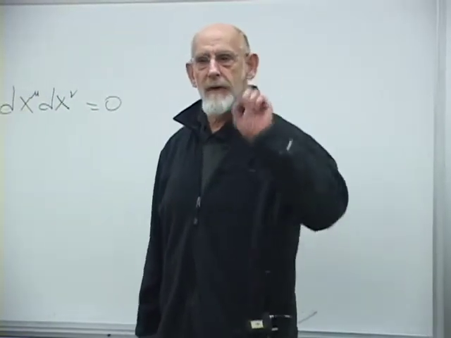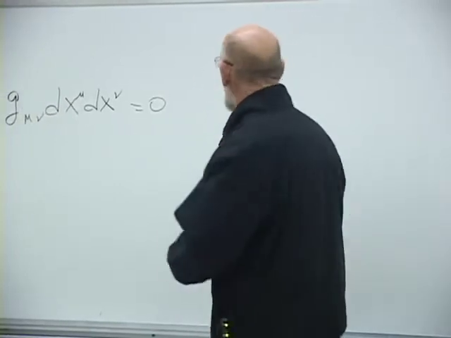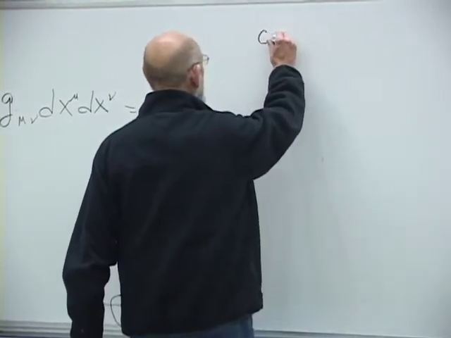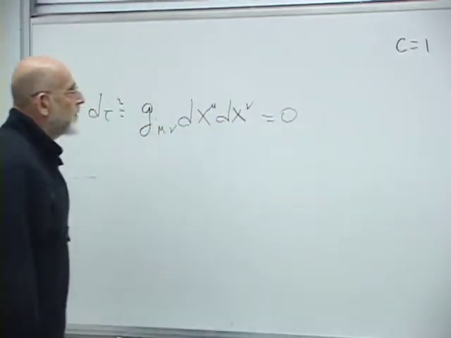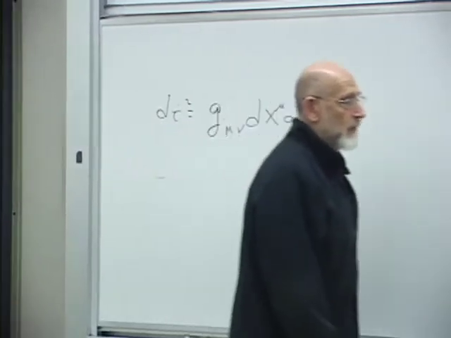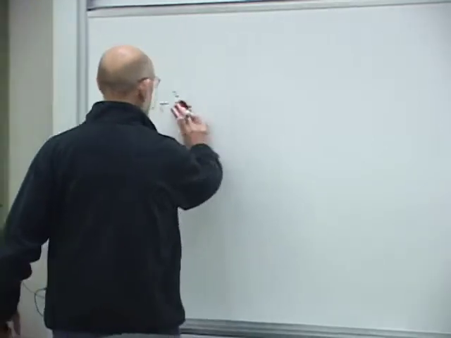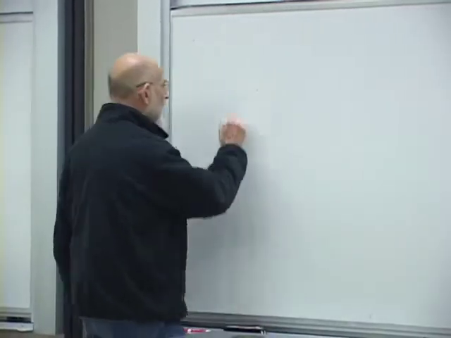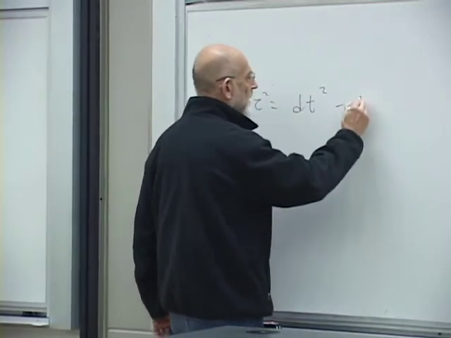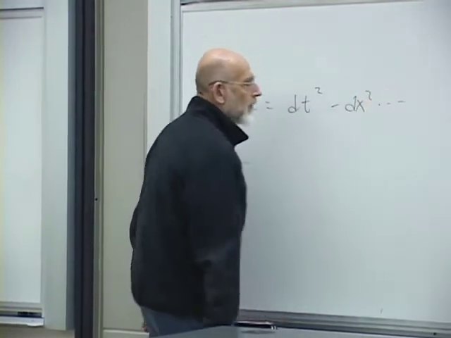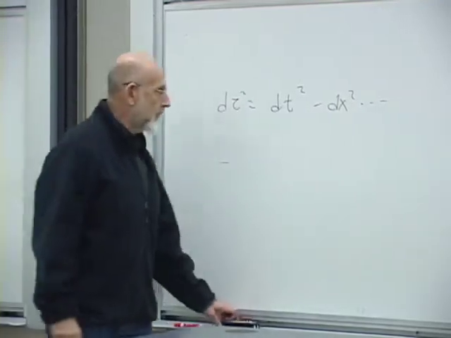Okay, so let's explicitly write down the metric. First, let's write down the metric of flat space. I'm going to set, from here on in, the speed of light equal to 1. In that case, what I would write down for the metric of flat space would be dt squared minus dx squared minus dy squared minus dz squared.